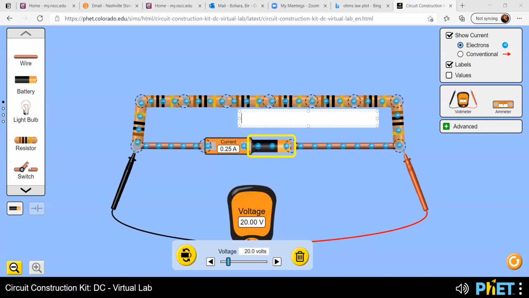So let's go back and increase the potential to 40. Right.